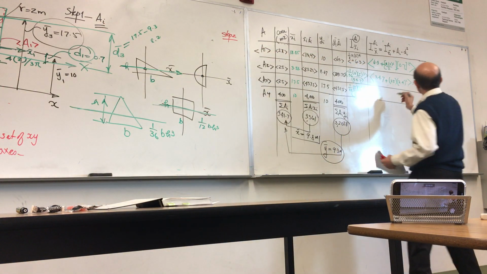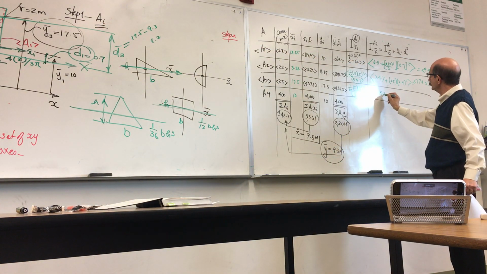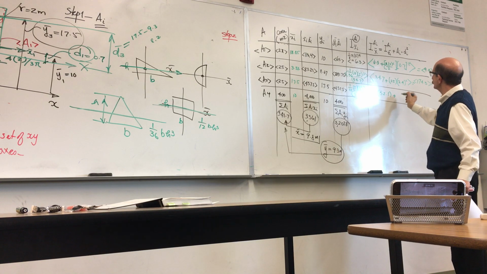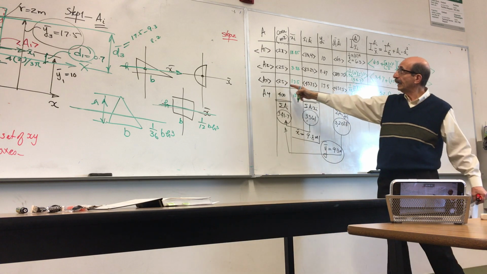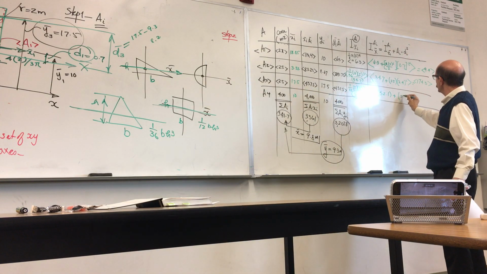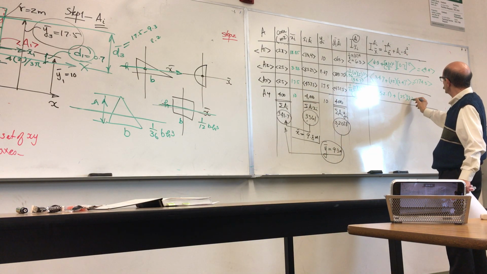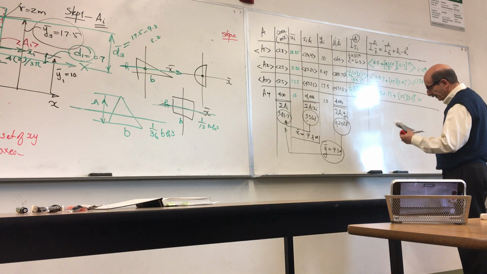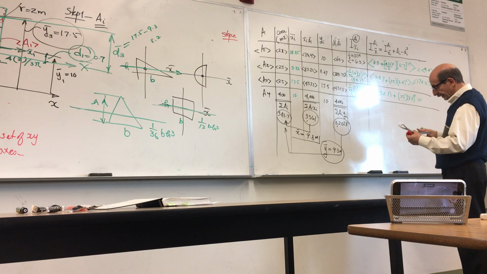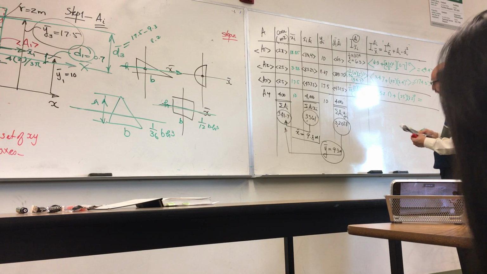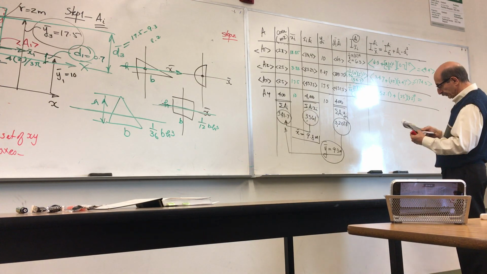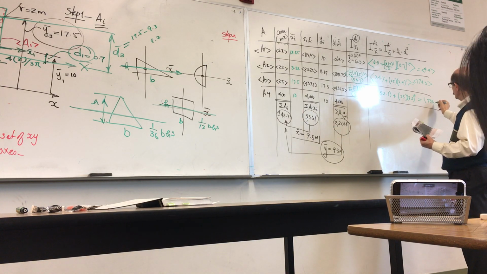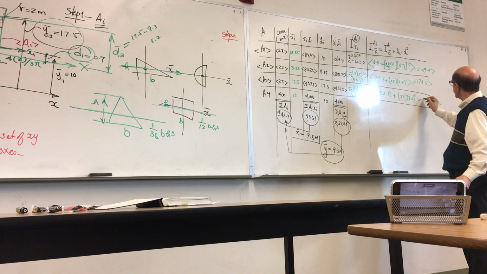So you just simply write down 52.1, plus the area that you have, 25 times 8.2 squared. So that will give you 1,733.1, and that is negative.